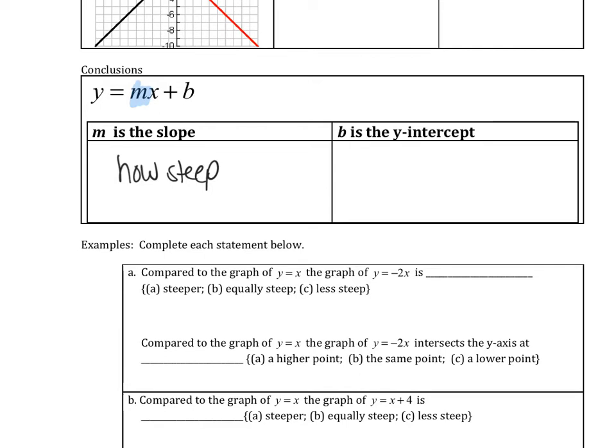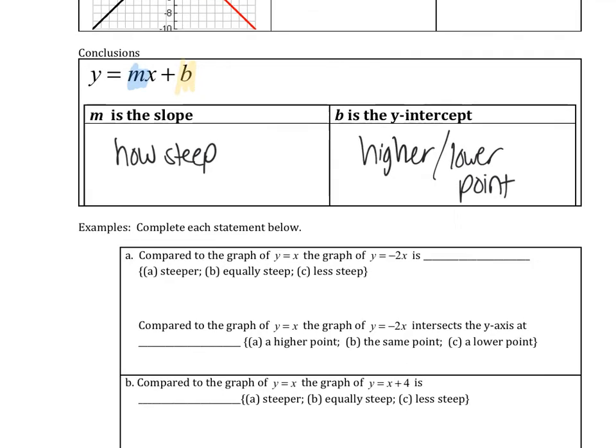So it depends on if it's closer to zero or farther from 0, and that tells you whether it is steeper or less steep. And the y-intercept of your equation, y equals mx plus b, tells you whether it is at a higher or a lower point.